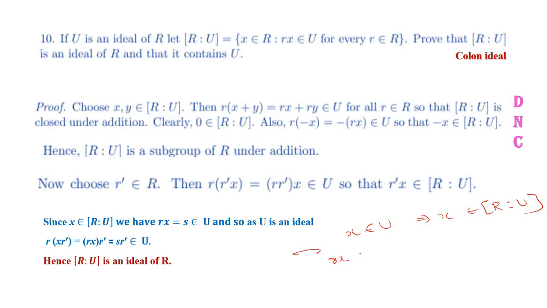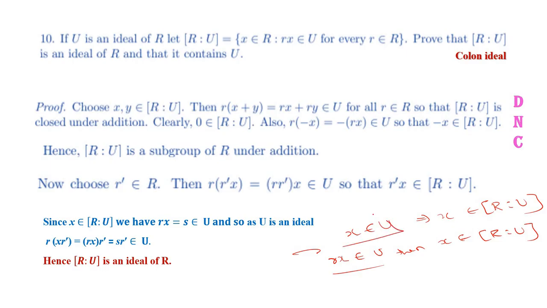If rx belongs to capital U, then x will belong to R colon U. That is how we have the elements of R colon U. If we are able to show that rx belongs to U, then we are through.